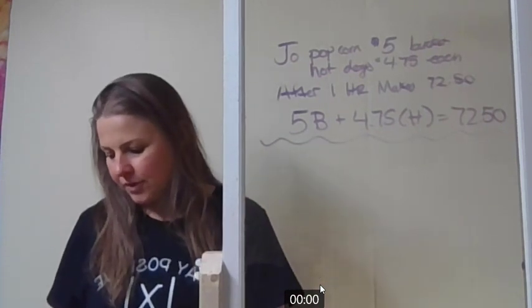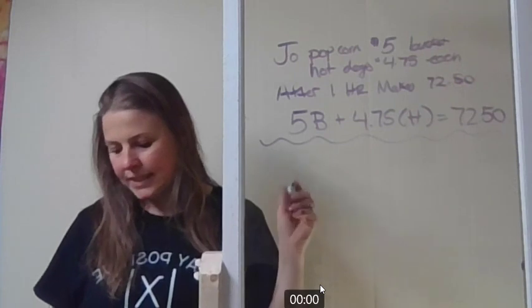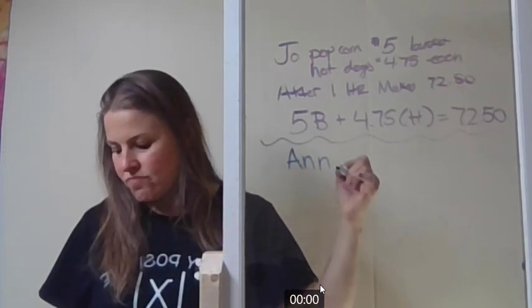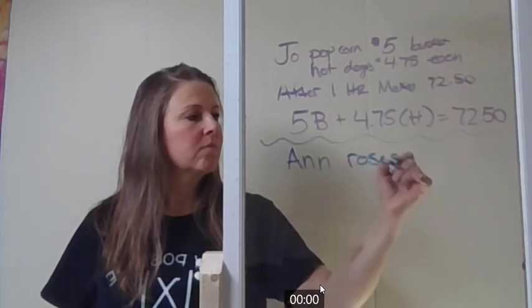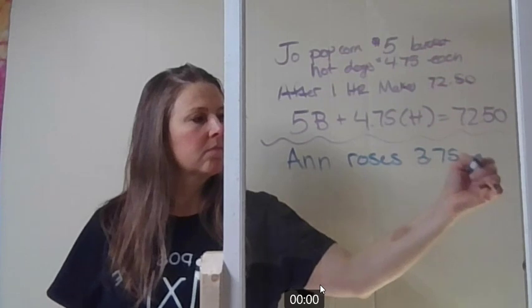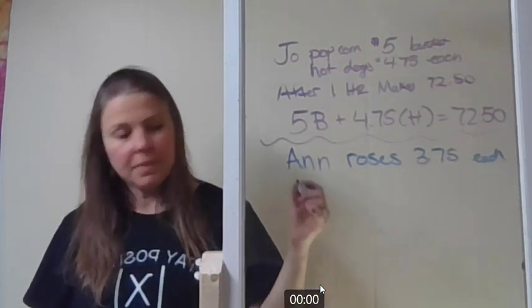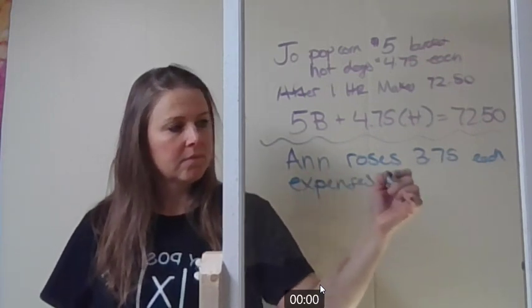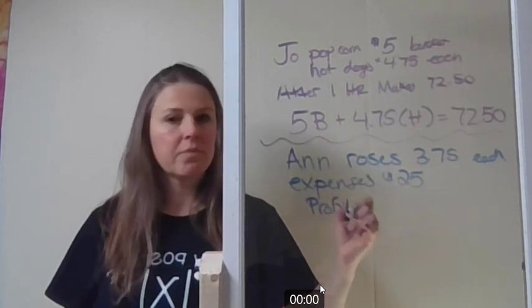What about a different story? Anne is in charge of selling roses for $3.75 each. And she estimates the expenses are $25. Go ahead and write an equation for profit.